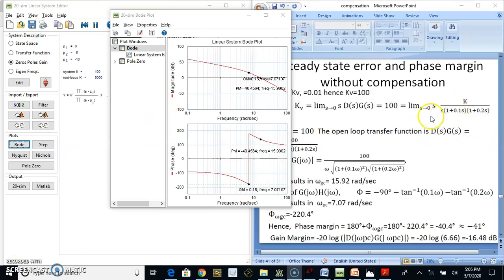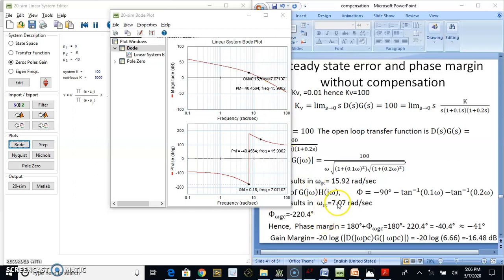With these transfer functions entered in the 20sim simulator, having poles at 0, minus 5, minus 10, and the system gain as 100, you can see the Bode plot results in a phase margin of minus 40.45. The omega GC comes out to be 15.93, and this is omega PC, which is 7.07.